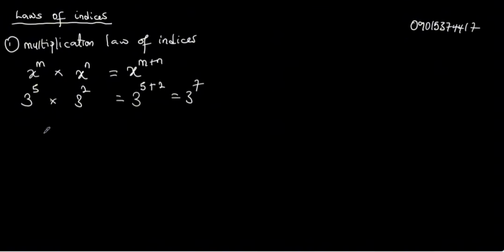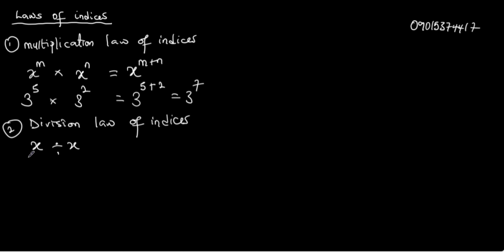Now, the second law of indices is the division law of indices. The division law of indices is a similitude of the multiplication law of indices. They must also be the same bases dividing themselves.